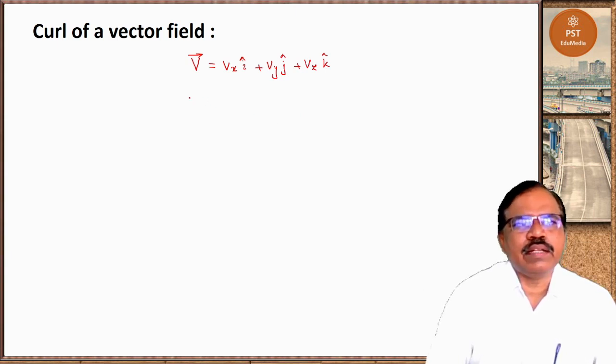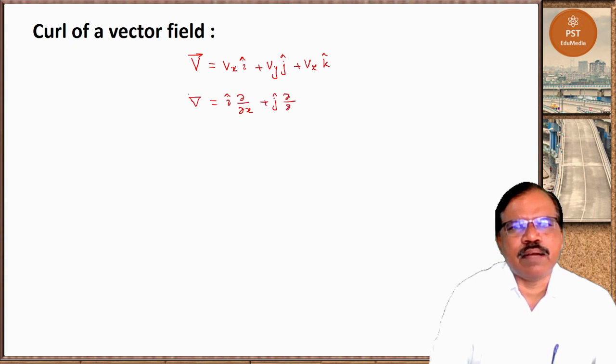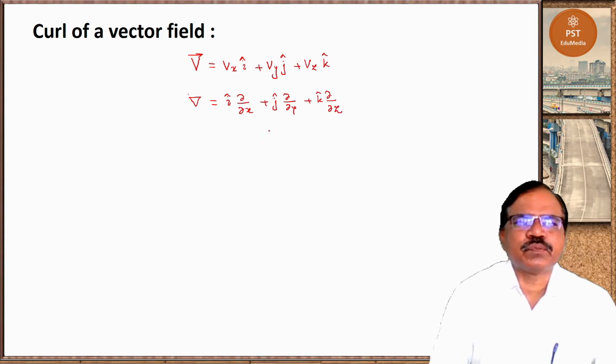We have the vector differential operator, the del operator, equal to unit vector i into del by del x plus j into del by del y plus k into del by del z.